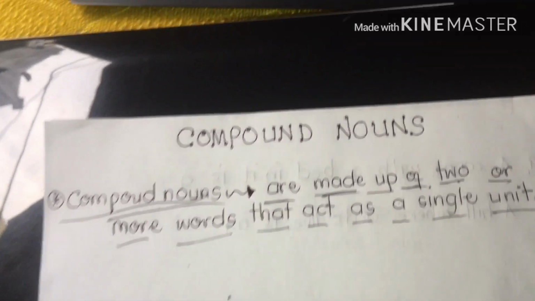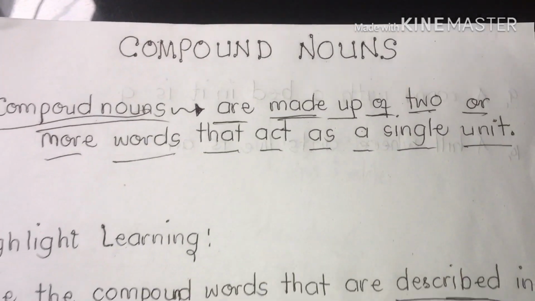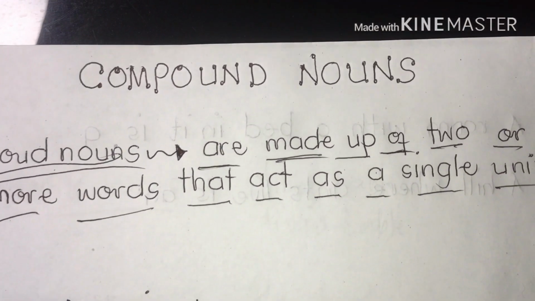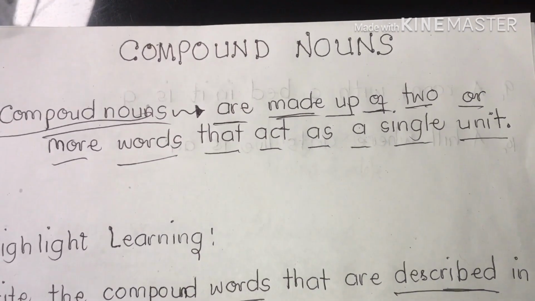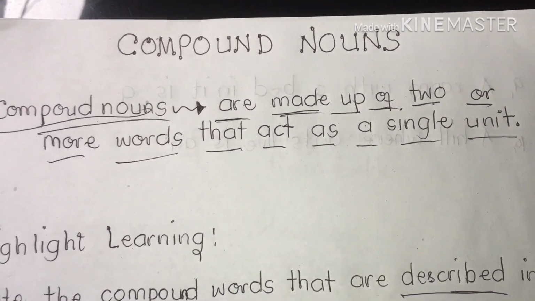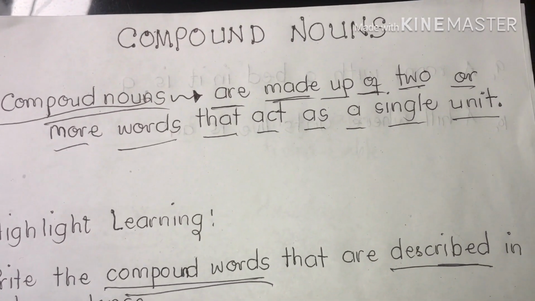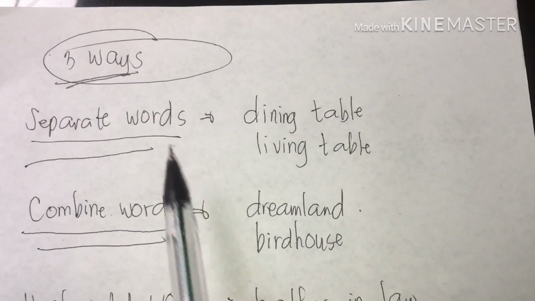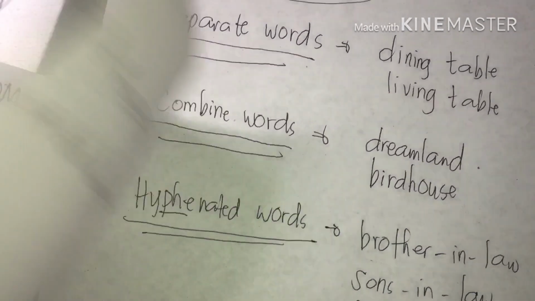Because class, talking about compound nouns or compound words again, these are two words that we are going to transfer into one word. Two words, two meanings. One word, one meaning. So very exciting. But remember, we can write it in three ways: separate words, combined words, and hyphenated words.